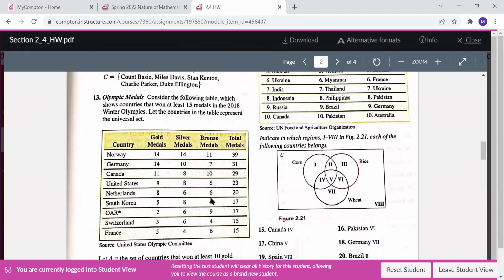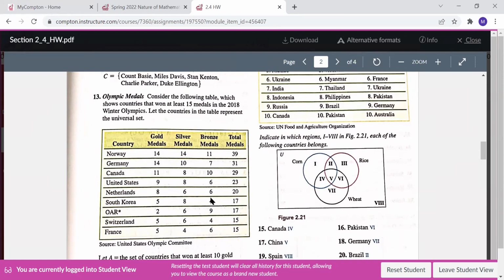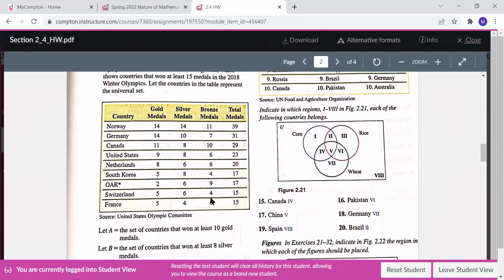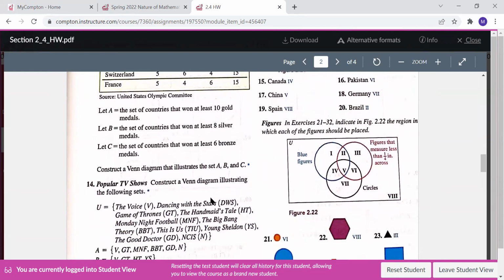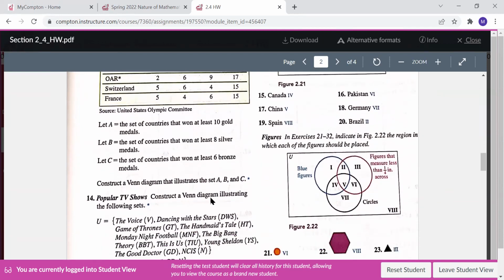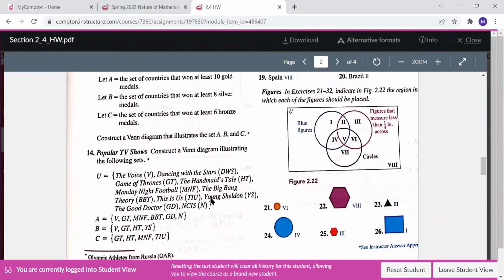13. Consider the following table, which shows countries that won at least 15 medals in the 2018 Winter Olympics. Let the countries in the table represent the universal set. Now that might be a while for us to do. Let's look at one that's already kind of set up for us.